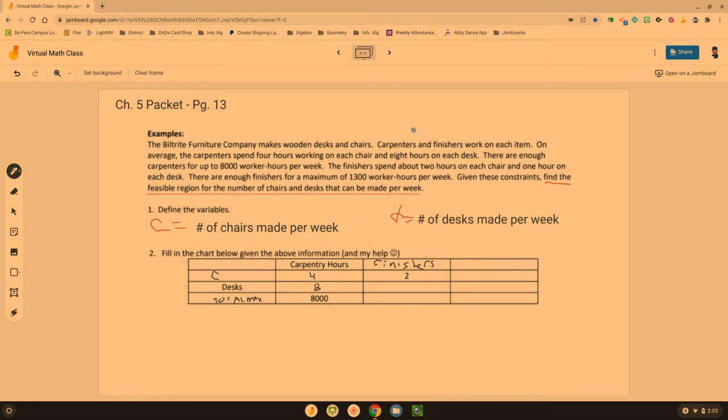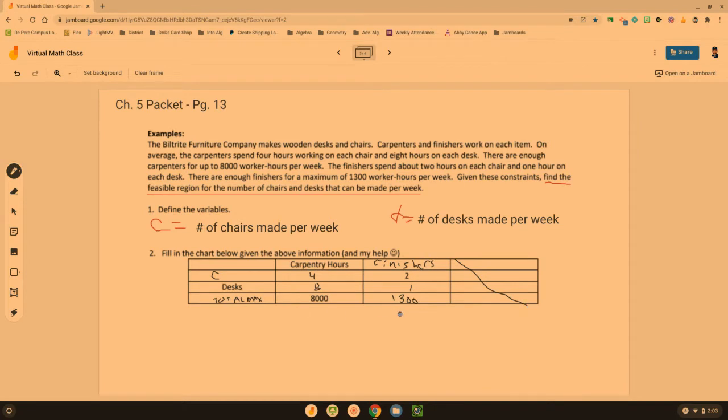The finishers spend 2 hours on a chair and 1 hour on each desk. The maximum we have for finishers is 1,300. We have an extra column in this problem that we don't really necessarily need, which is okay.